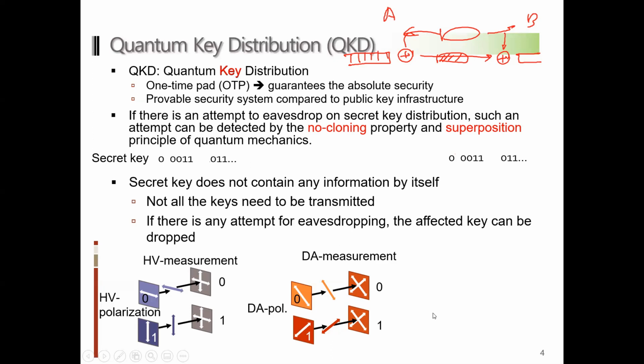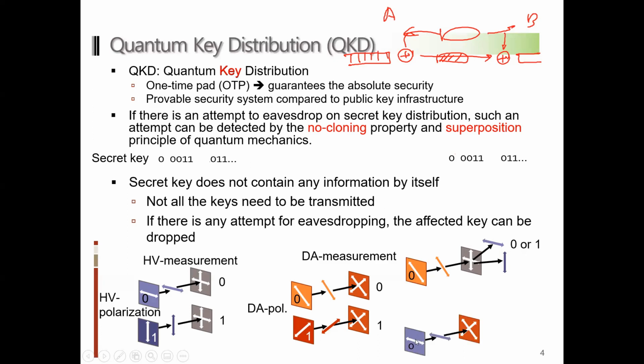The problem is what happens if the sender sends the DA basis information, like a 0 along the diagonal basis, but the receiver, Bob, uses the HV basis measurement. Then what happens? Some kind of random number, because this will be projected to one of these polarizations, and the received information will be either 0 or 1.